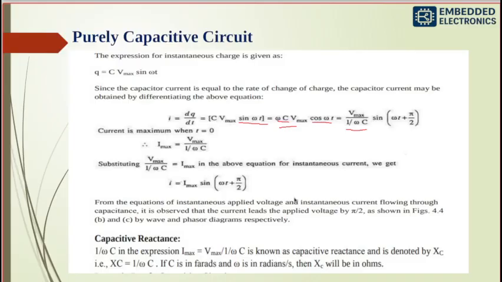And here we have 1 by omega C. So I max equals V max by 1 by omega C. This 1 by omega C is nothing but capacitive reactance, denoted as XC. So XC is nothing but 1 by omega C. C is in farad, omega is in radians per second, and XC is in ohms.